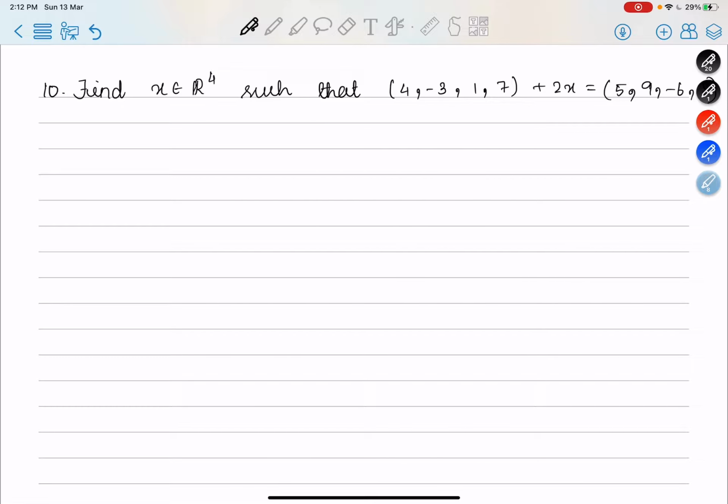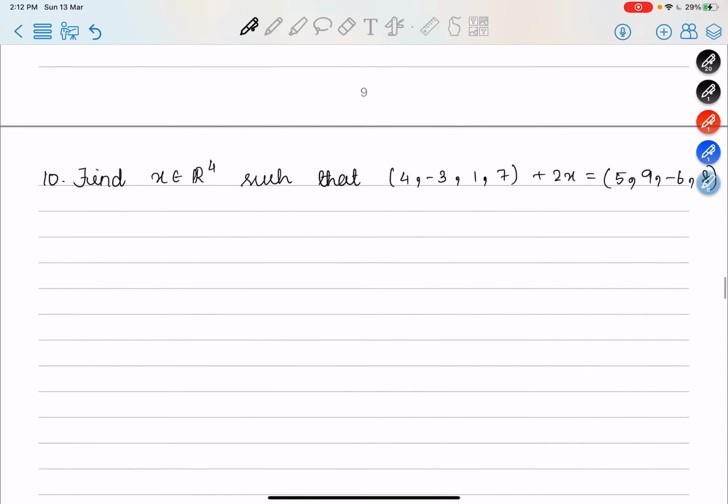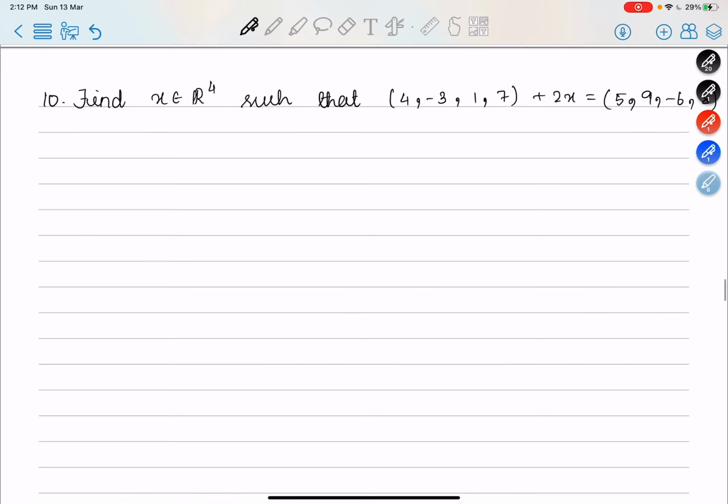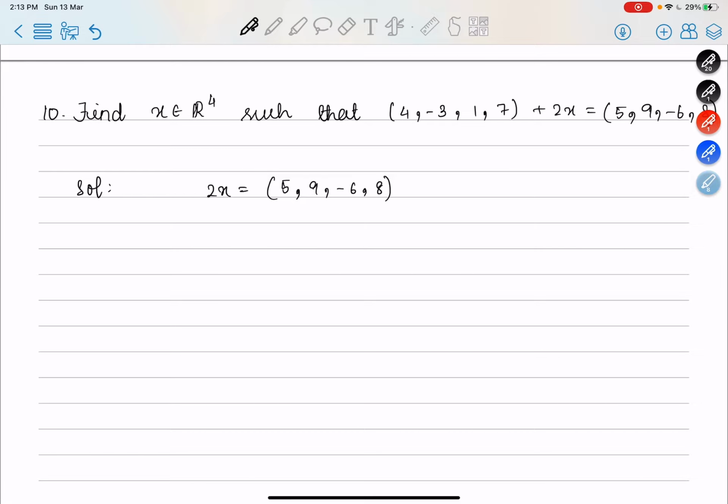Moving on, find x in R to the power 4 such that (4, minus 3, 1, 7) plus 2x equals (5, 9, minus 6, 8). So here, to find such an x, first what I can do is 2x equals (5, 9, minus 6, 8) minus (4, minus 3, 1, 7).